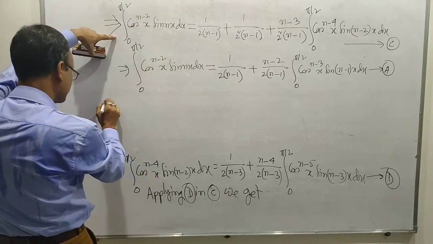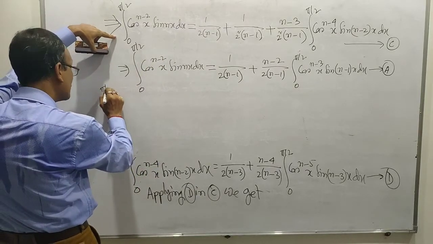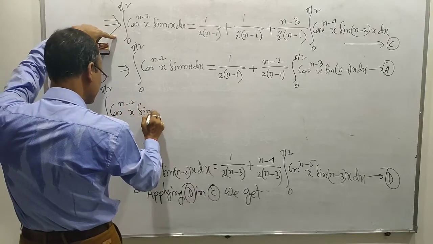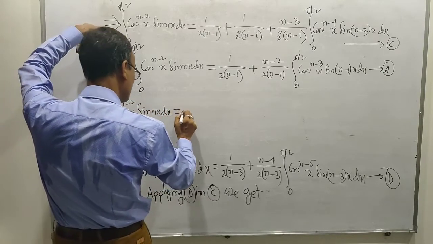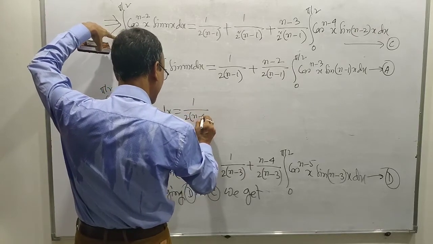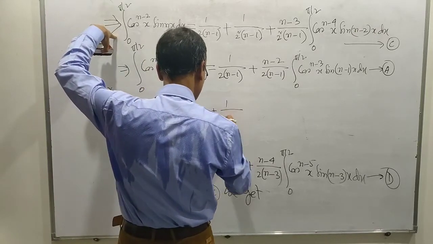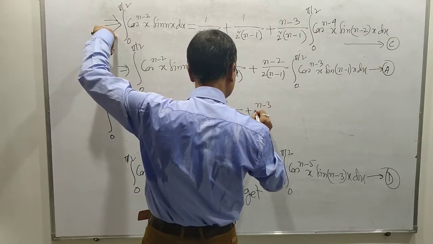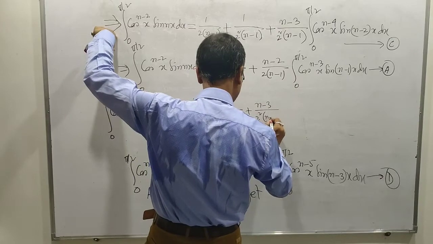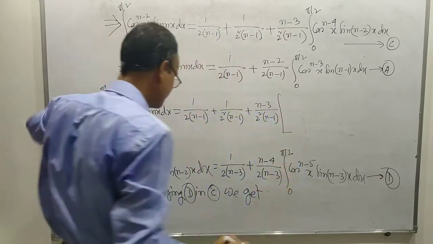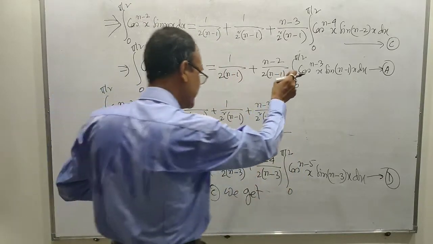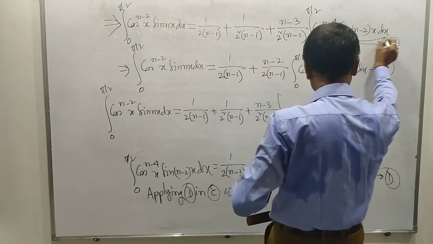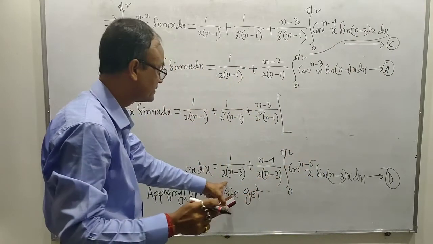In C you will get 0 to pi by 2 cos to the power n minus 2x sin nx dx equal to 1 by 2 times of n minus 1 plus 1 by 2 square n minus 1 plus n minus 3 by 2 square into n minus 1 into. For this, in C, this integral will be replaced by this.